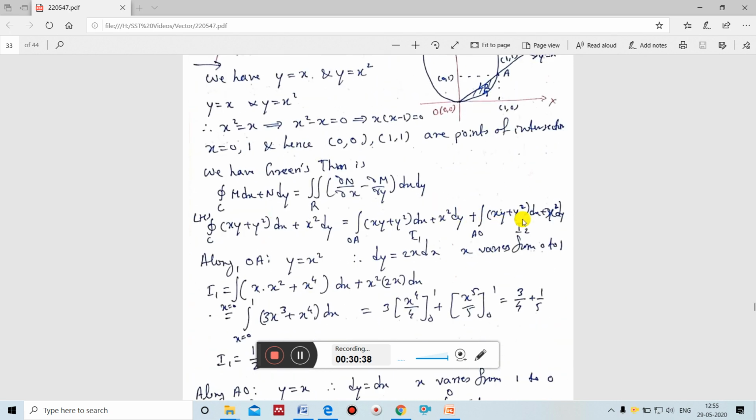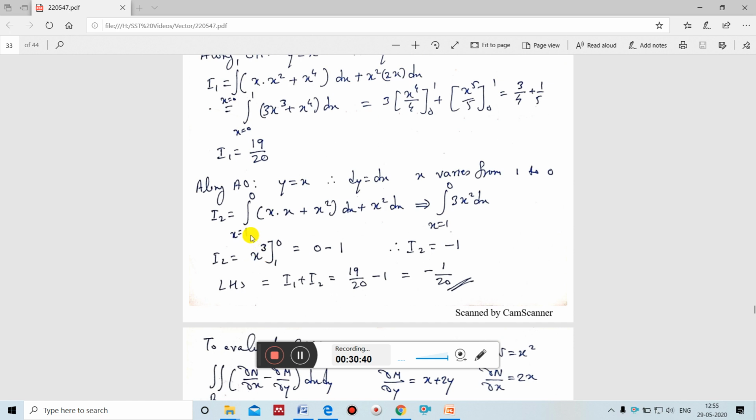Then we get the integral from 1 to 0 of (x·x + x²) dx + x² dx. On simplification, all are x², that will be 3x². Integration of 3x² is 3x³/3, the 3 cancels. Then the limits are 1 and 0. If you put the upper limit 0, it will be 0; if you put the lower limit 1, 0 minus 1 will be minus 1. So I2 = -1.